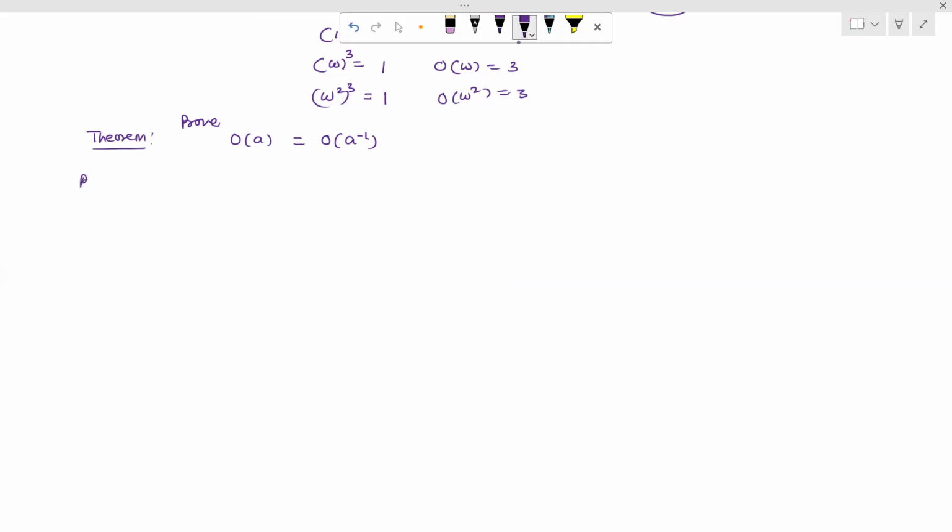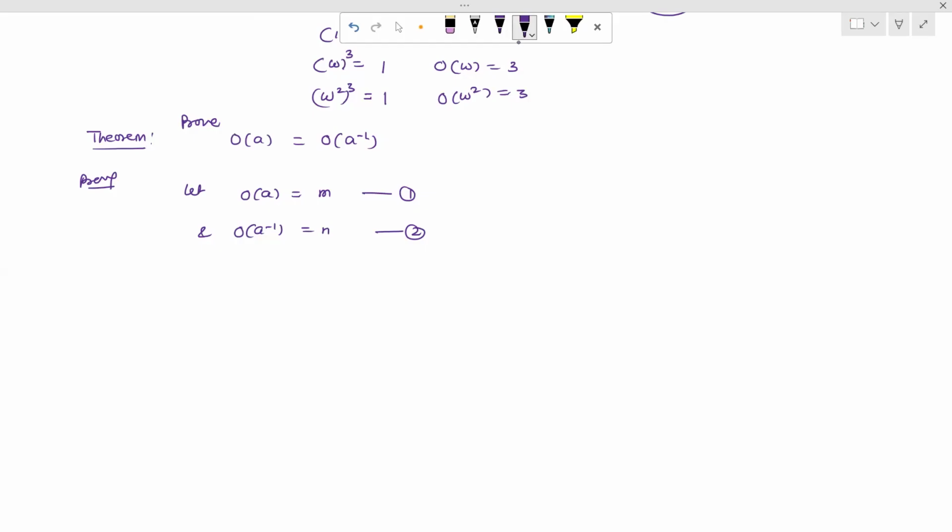For proving this, let us assume that order of A is equal to M and order of A inverse is equal to N. So we take two different orders, and we shall prove that M is equal to N.